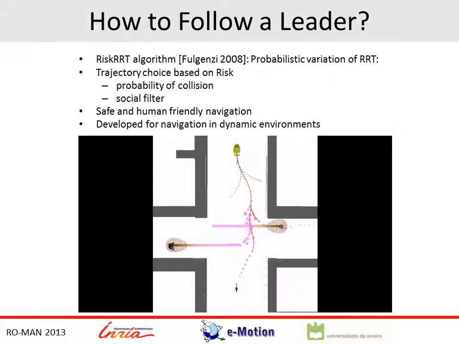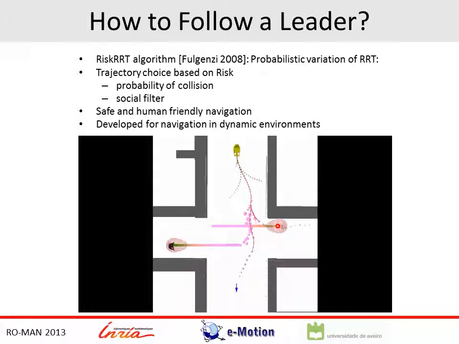Here is an example of this algorithm working. The small dots are the exploration nodes of the algorithm, and we can see that where the nodes are bigger, they show a bigger risk of collision. Here we have a person moving to the left side of the corridor and another one moving to the right side.